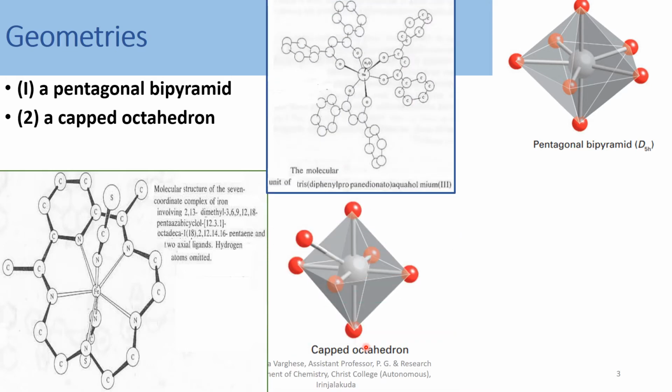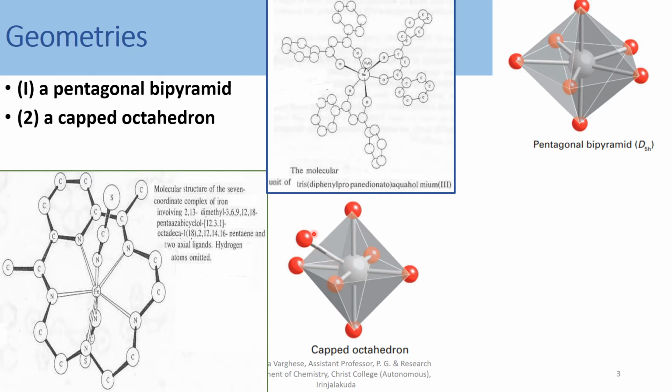Such a compound you can see here, the molecular structure of a holmium complex, where the central atom is holmium and water is the seventh ligand, which is placed at one of the triangular faces of the octahedron. So it is a tris(diphenylpropanedionato)aqua holmium(III). So the seventh ligand is water, placed on one of the triangular faces of the capped octahedron.